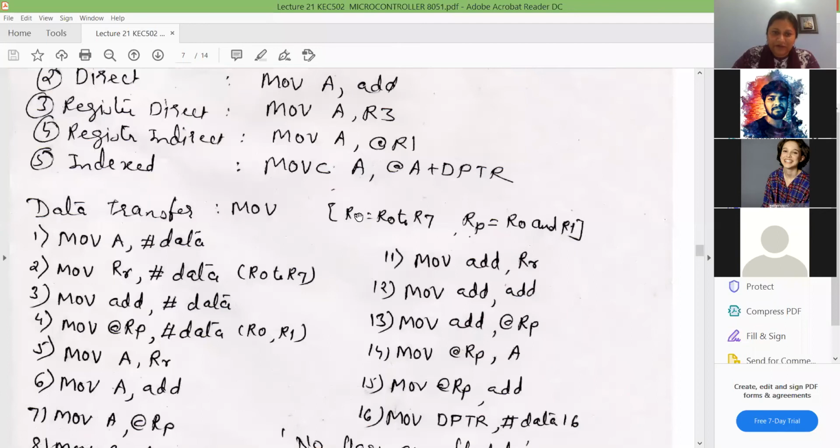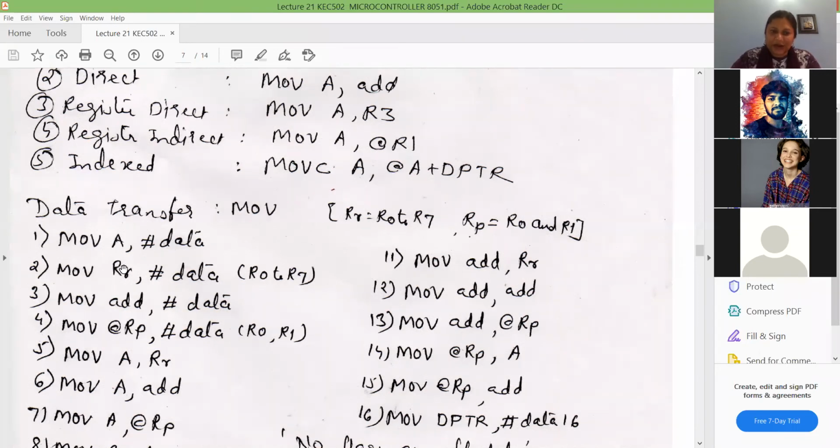Now here whenever we refer to RR, it means any register from R0 to R7. And whenever we use RP, it stands only for R0 and R1. In some of the books or in some of the notes available on the internet or other places, instead of RR they have used RN, where N stands for R0 to R7, and instead of RP they have used RI. So if it is RI, then it is R0 and R1 only. Whichever way you specify it, this is just for your understanding.